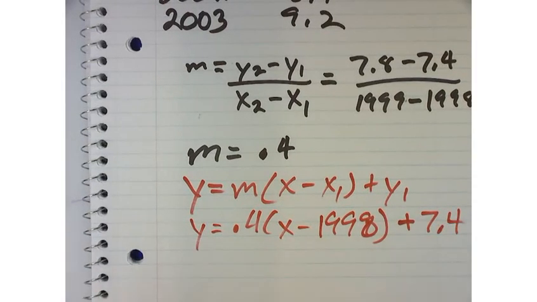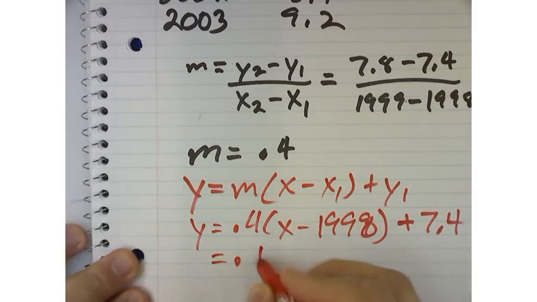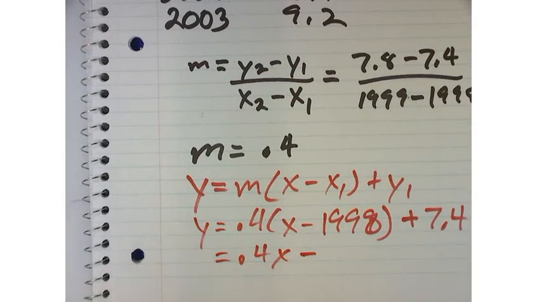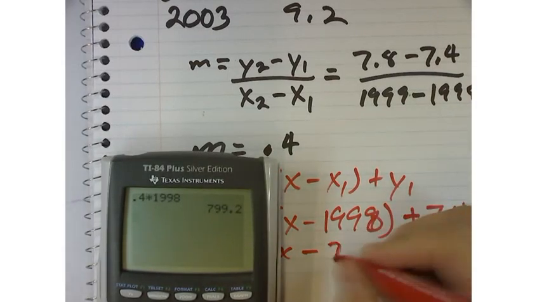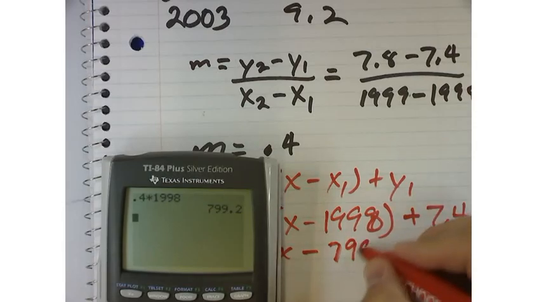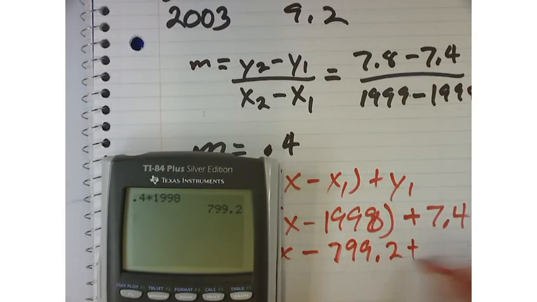And when we push the equation of the line through, I'm going to get 0.4x. Now this is the tricky part. We'll have to get a calculator out for this. I'm going to say 0.4 times 1998. That gives me 799.2, plus 7.4.